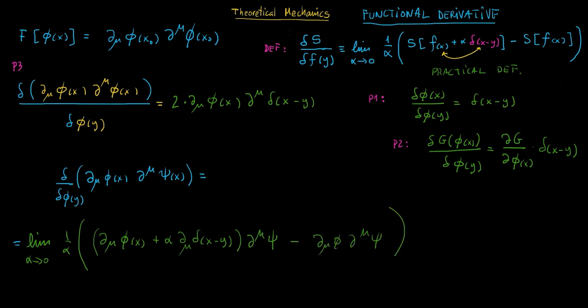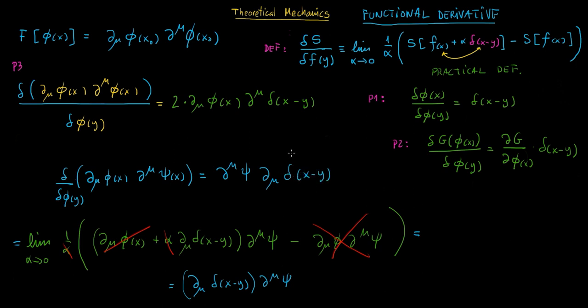So we can cancel this term with this term, and we can cancel this alpha with this alpha, and we will have the derivative of the delta times partial mu of psi, and if you want, partial mu of psi times the partial mu of the delta.